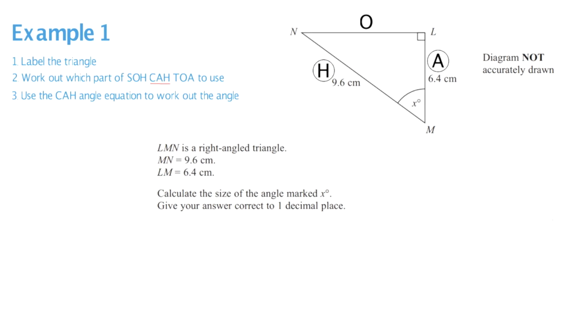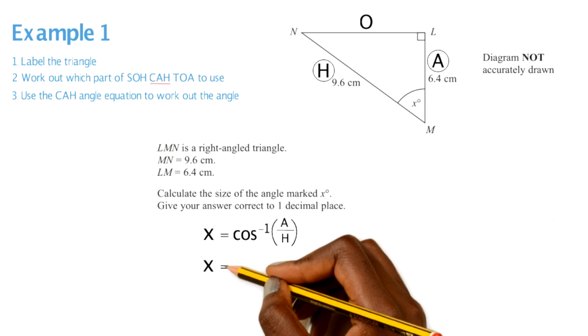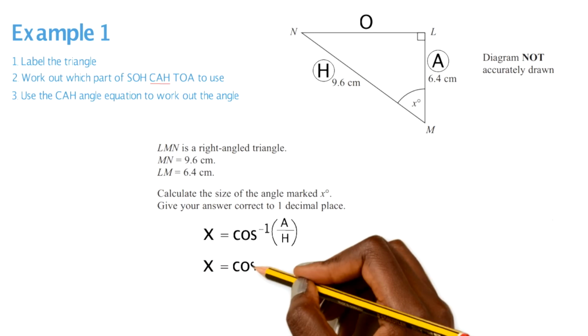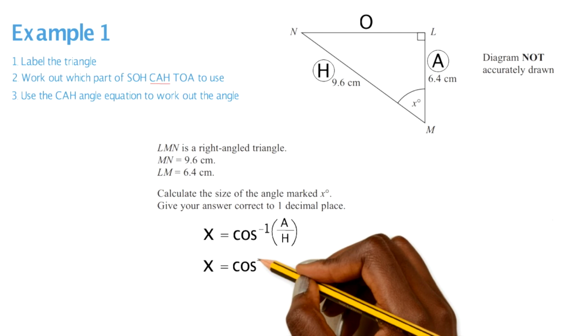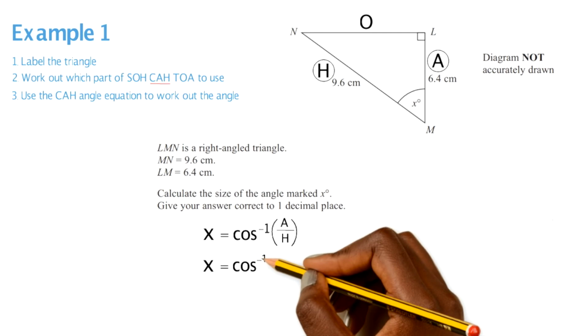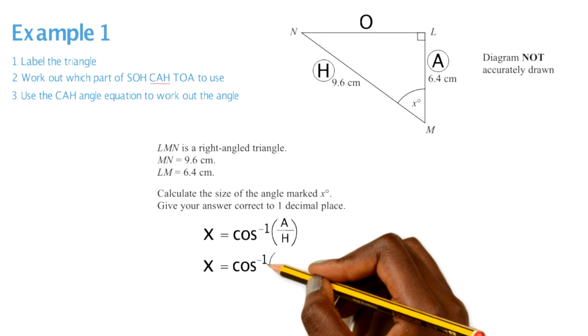Then we're going to use the formula for CAH angle equation to work out the angle. So it's going to be x, the angle, is equal to cos to the power of minus 1. Remember, inverse cos. And in our brackets, remember, it was A over H. So it's going to be the A, the adjacent, divided by H in your brackets. We're now going to substitute those values in. And when we substitute that in, we're just going to replace the A with the value they've given us, which is 6.4.